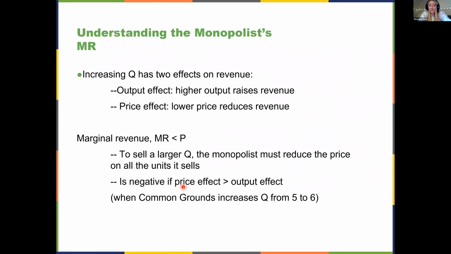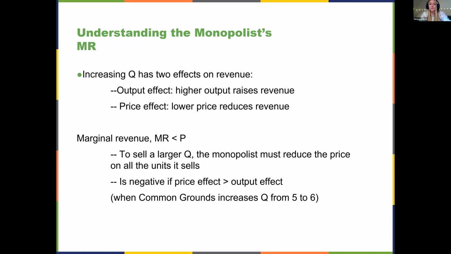Or we can also say that this price effect, the fact that they had to lower the price so much to sell so many cappuccinos, was bigger than the fact that if we sell more stuff, maybe we could bring in more money. So this is why, in some instances, the marginal revenue for a monopoly could actually turn negative.